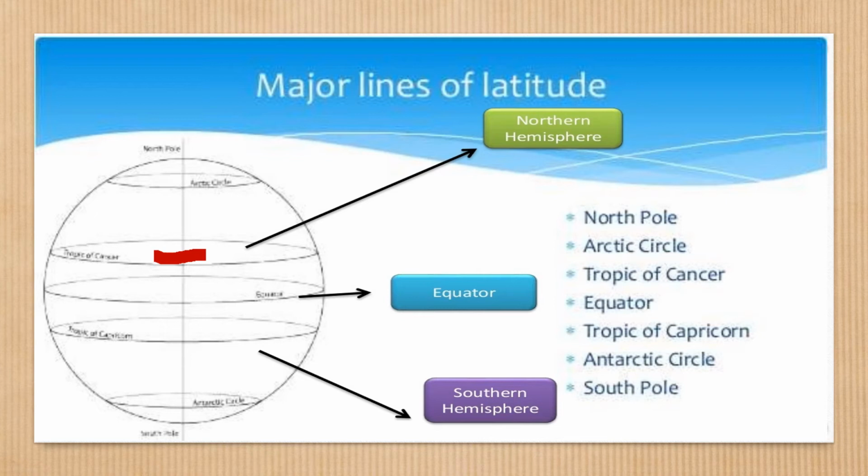At 66.5 degrees north, you have the Arctic Circle, and at 90 degrees north, you have the North Pole. At 23.5 degrees south of the equator, you have the Tropic of Capricorn. At 66.5 degrees south of the equator, you have the Antarctic Circle, and at 90 degrees south, we have the South Pole.